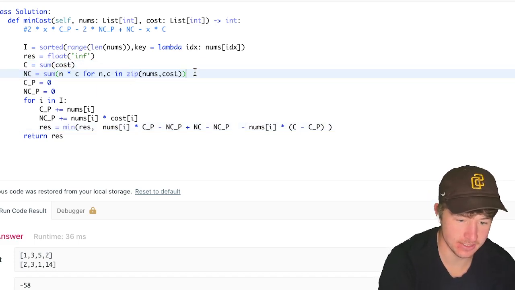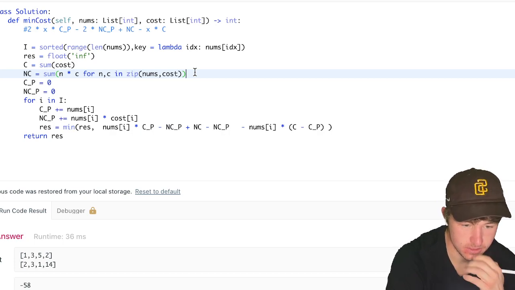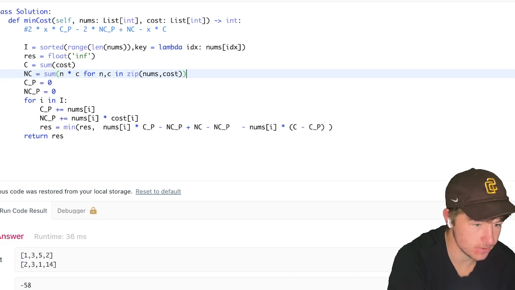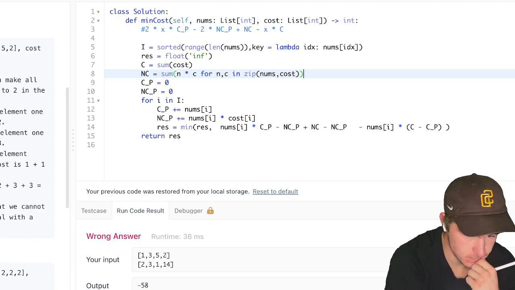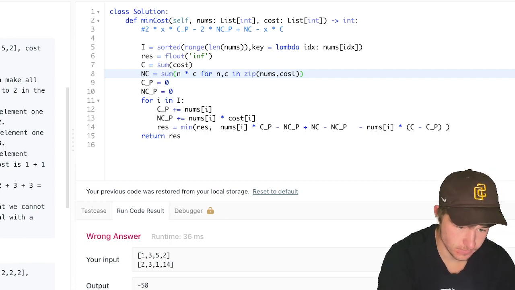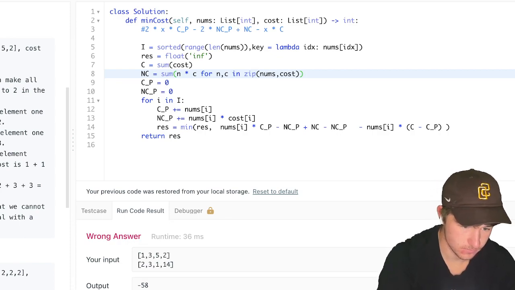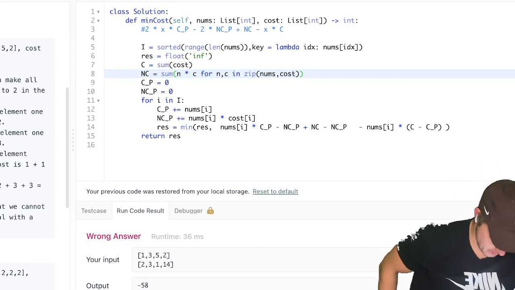Because now nums and cost, well, no, they're still sorted. They're still the same, I mean. Nobody's watching at this point anyways. But I still would like to figure out what the heck is going on. Look at each index. Nums of I times C prime.